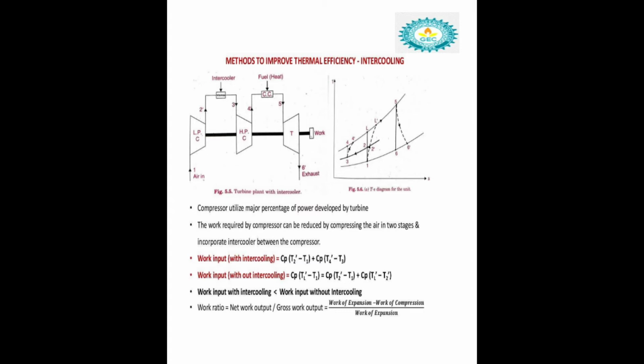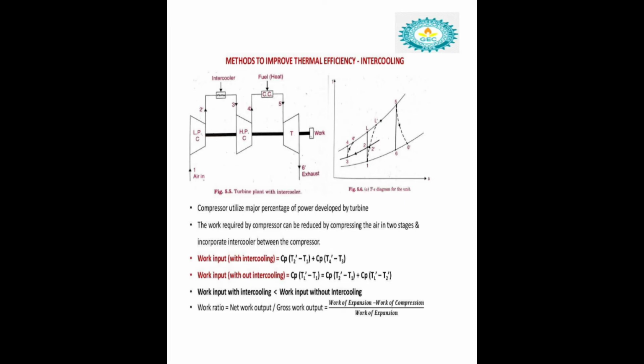The main idea of the intercooling method is that the work required by the compressor can be reduced by compressing the air in two stages, that is, a low pressure compressor and a high pressure compressor.